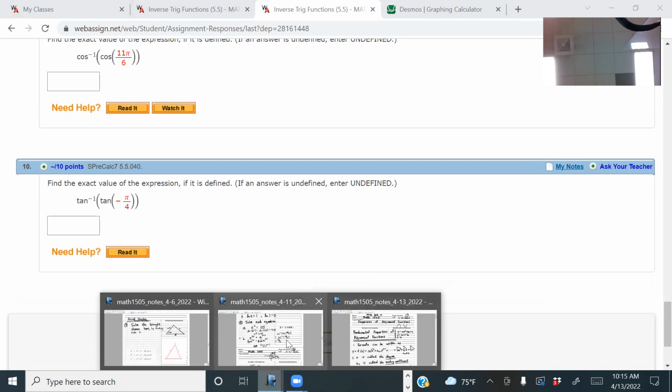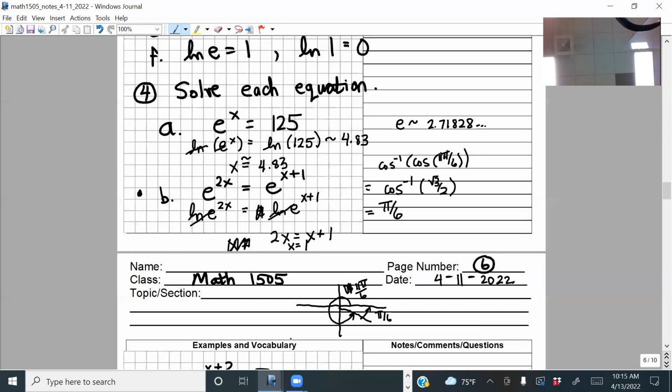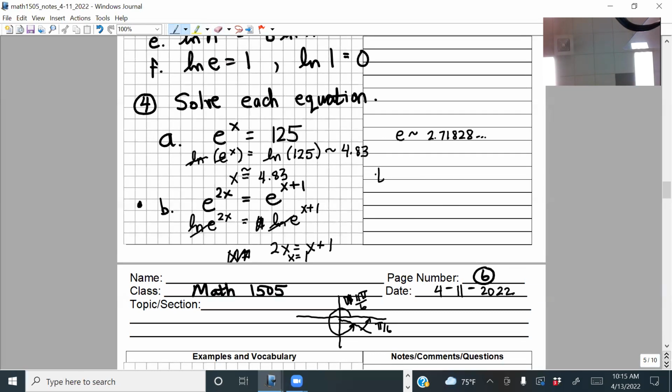Let me erase this and write over this. So maybe this will be easy. We're hoping these inverse composition problems are easy, but maybe it'll be a little bit more difficult.